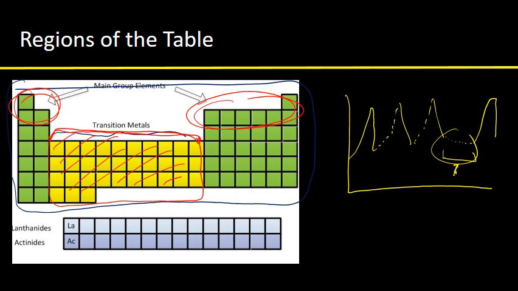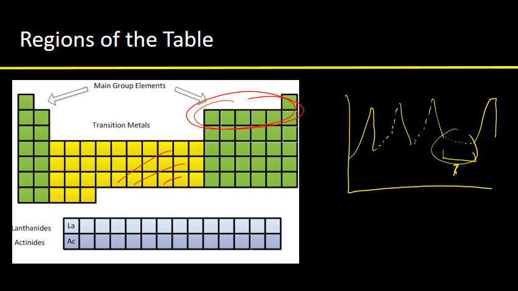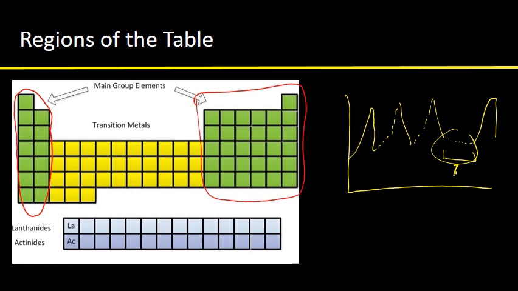So for that reason, particularly if you're looking at trends and behavior of atoms, these guys over here on the left, groups 1 and 2, and these guys over here on the right, groups 3 through 8, those are called the main group elements, and these here in the middle are called the transition elements or the transition metals because they're all metals.